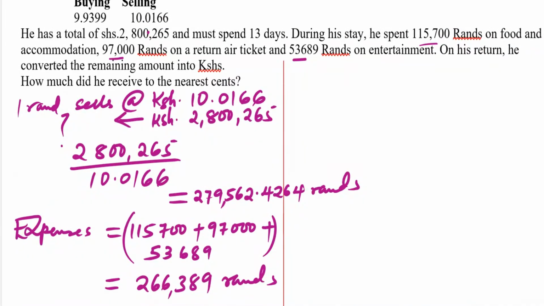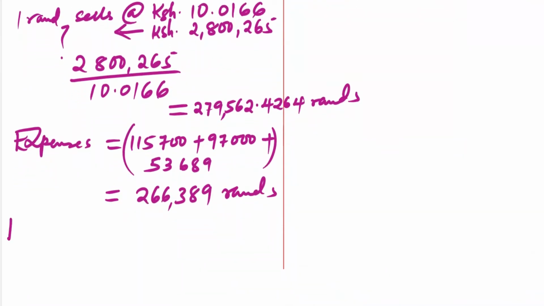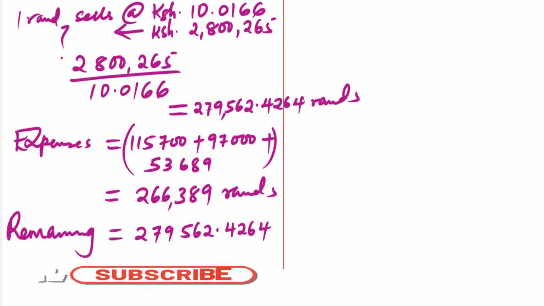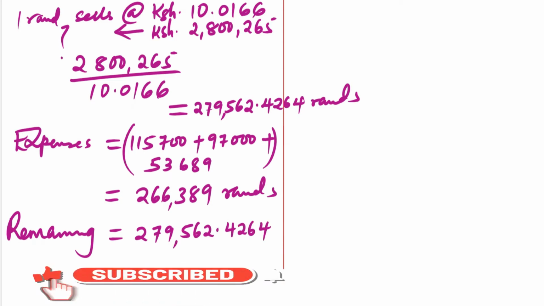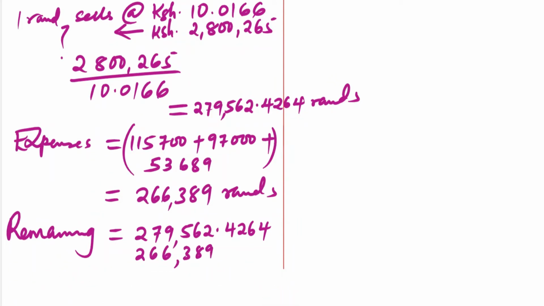On his return, he converted the remaining amount to Kenyan shilling. So we need to get the remaining amount. To obtain the remaining amount, we need to get the total amount of money that this person had, which is 279,562.4264. Then subtract the expenses, 266,389.00. This will give the balance.